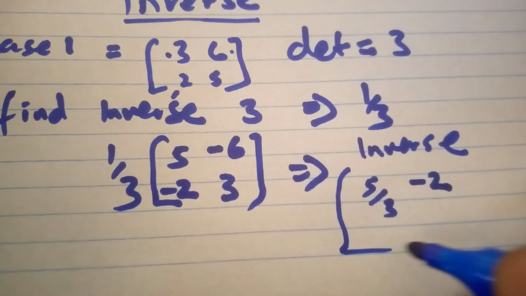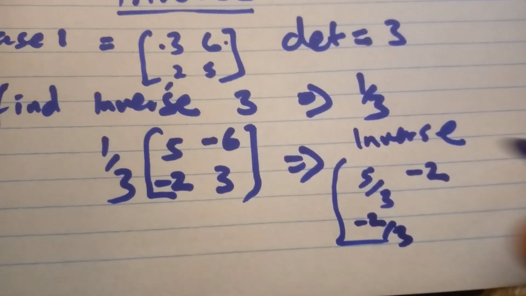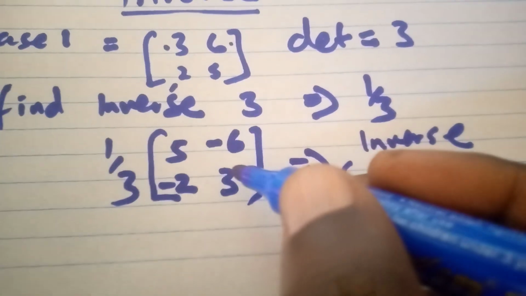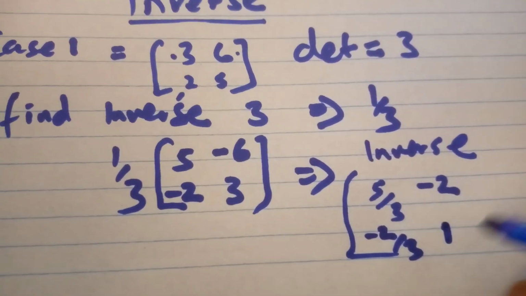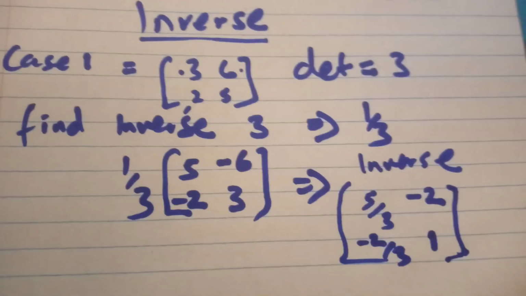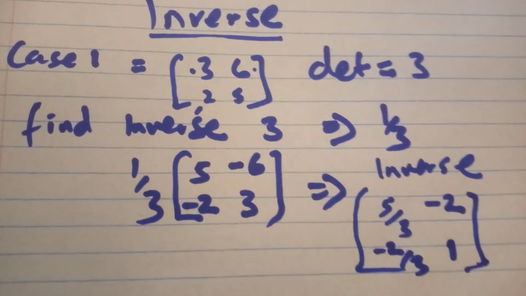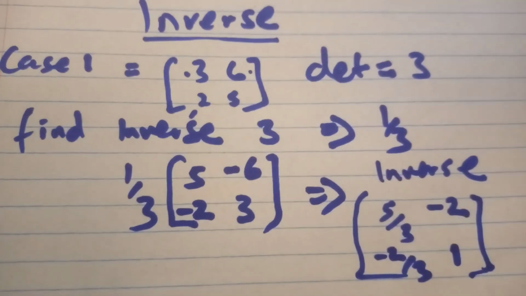A third times -2 is -2/3, while a third times 3 is 1. So I'm happy we have found the inverse of the matrix for case 1.